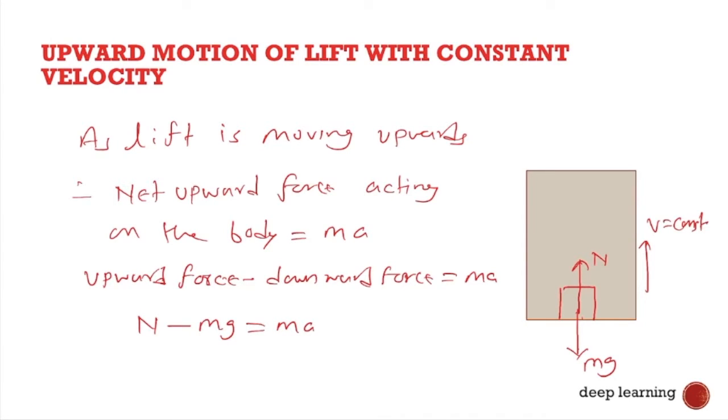But there is a problem. Since the lift is moving with constant velocity, since v is constant, therefore a = dv/dt, the rate of change of velocity, will be 0. So we can say N minus mg is equal to 0, so N is equal to mg.